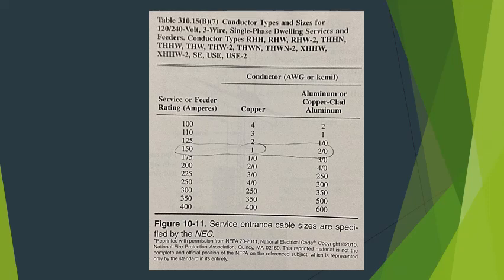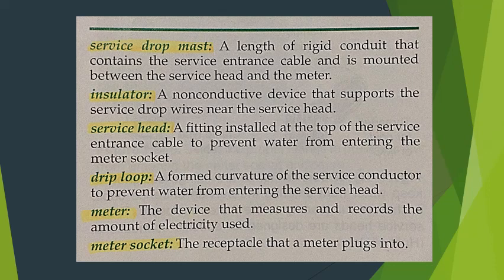Service drop, mast, and insulator. Very rarely are the service drop, mast, or riser and insulators supplied and installed by the power company. In most situations, the electrician makes the installation. The service drop mast is usually a length of rigid metal conduit or, if allowed, rigid non-metallic conduit.